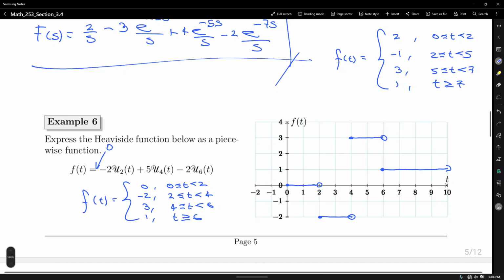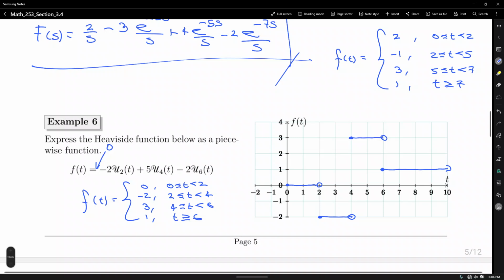So guys, these are the kind of functions we're going to work on when it comes to the second translation theorem. This is not yet the theorem. This is just the tool that we need to work with these functions with these discontinuities.